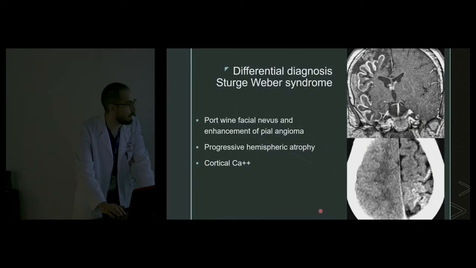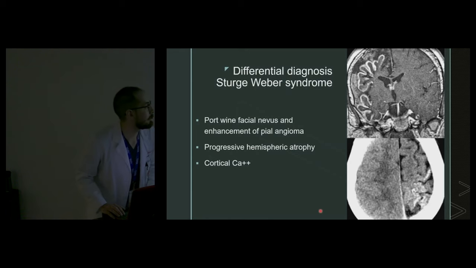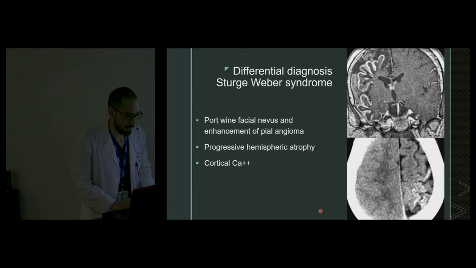Okay, some of the differential diagnosis. It's the Sturge-Weber syndrome, which is characterized clinically by port-wine facial nevus and enhancement of pial angioma. It is a progressive unilateral hemispheric atrophy as well, but the main difference is that we are going to see the cortical calcifications.